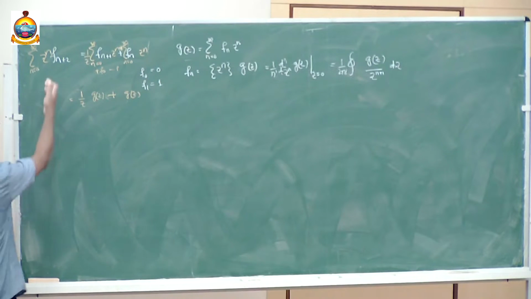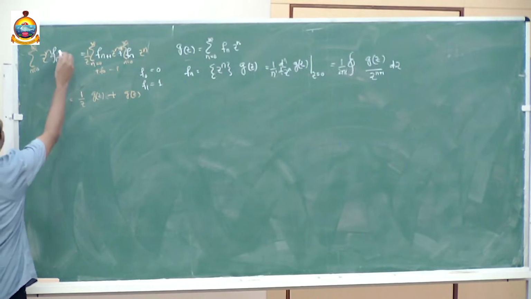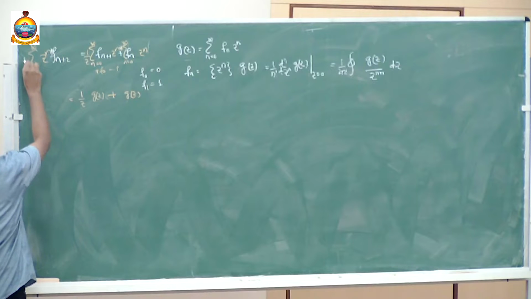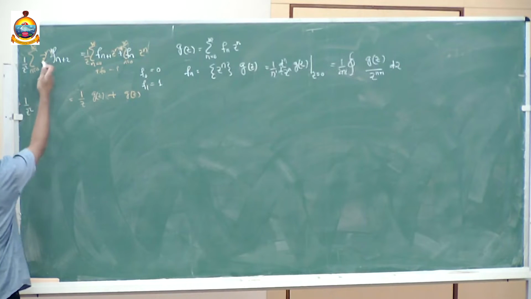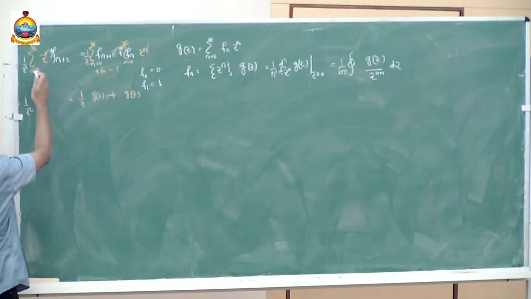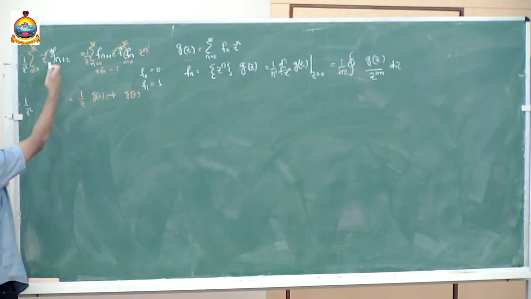The right hand side is just that. And what will be this? Can you quickly tell me now? Here we have z to the power n plus 2, so 1 by z square, and then the sum of z to the power n f(n+2). This starts from 2, so the 0th term and the first term you have to subtract.